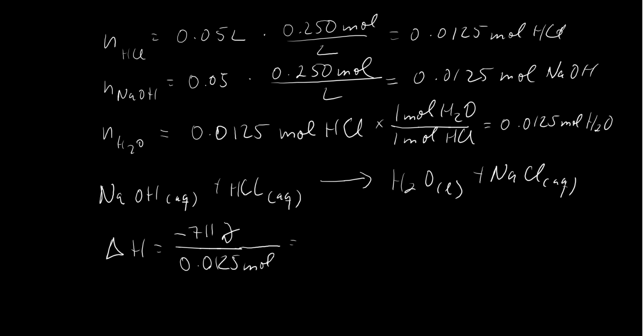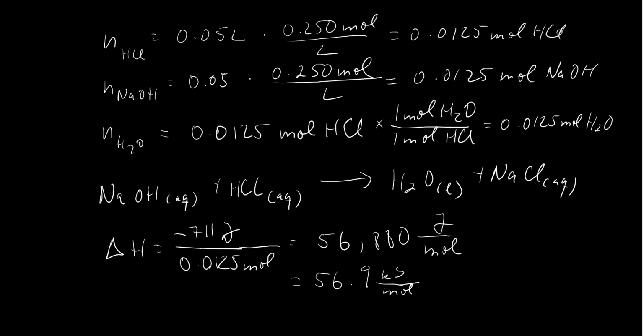And it is going to be 56,880 joules per mole, or in kilojoules per mole, just divide this by 1,000. We end up with 56.9 kilojoules per mole. That's a more easily digestible answer.